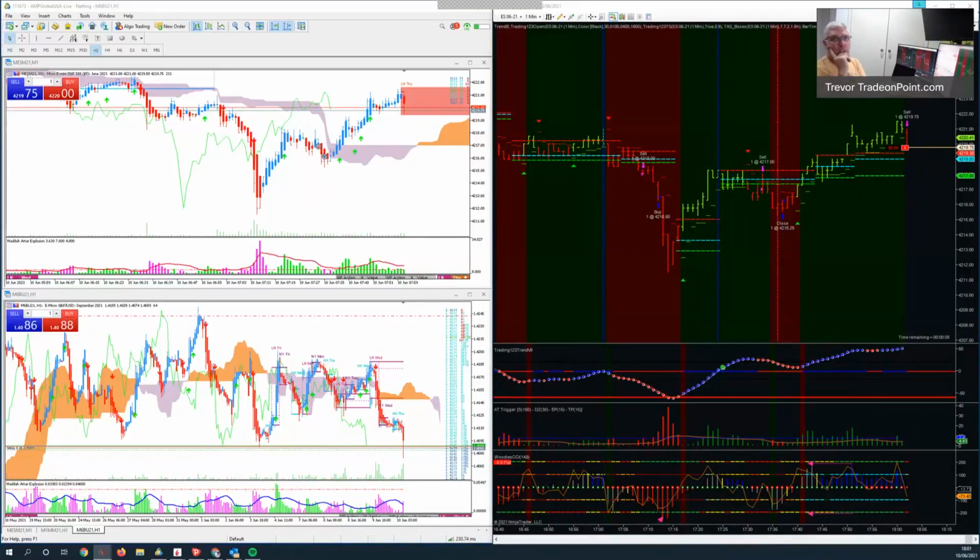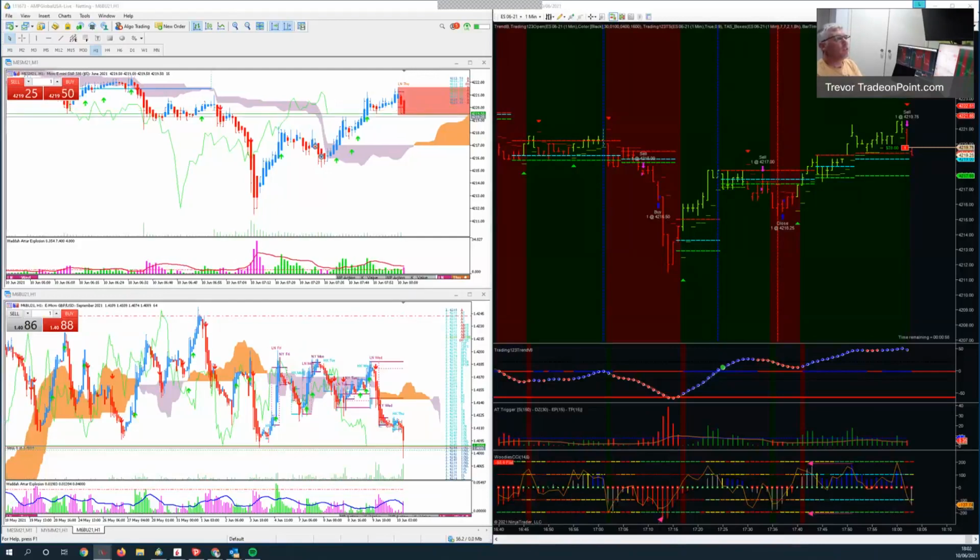This is just a rejection from the high value area. We'll take it down to either the point of control or the low value area. Let's just get on to this other as well.